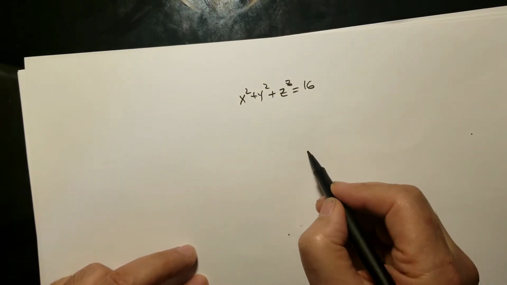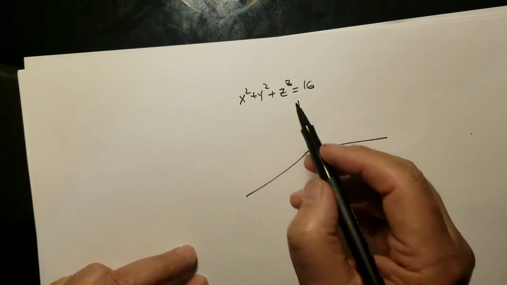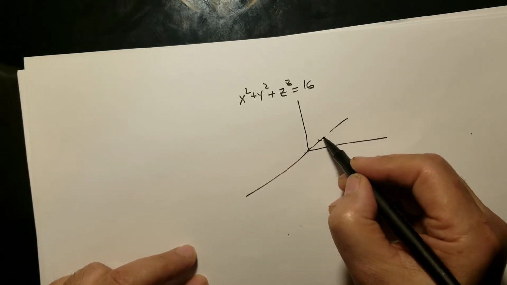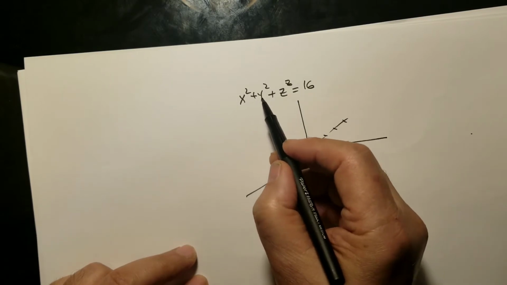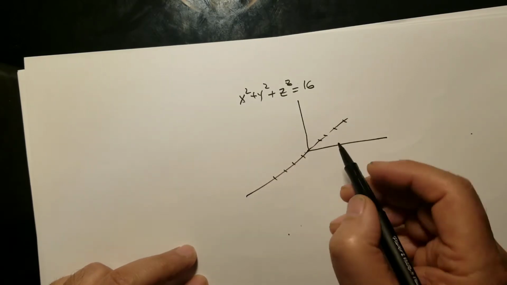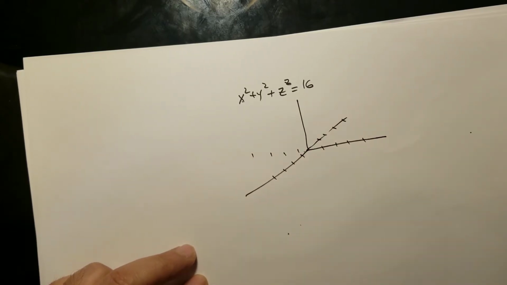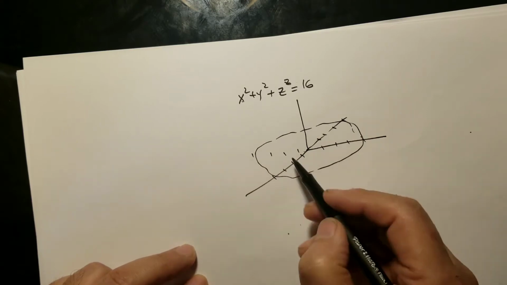I hope you know this is nothing except the equation of a sphere, which, if y and z become 0, my x is plus or minus 4. If my x and z become 0, y is plus or minus 4. Therefore, I have that circle right here.